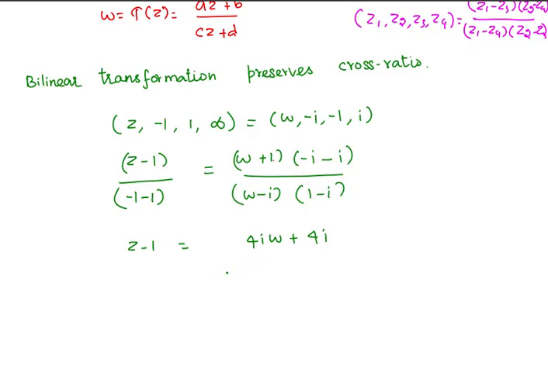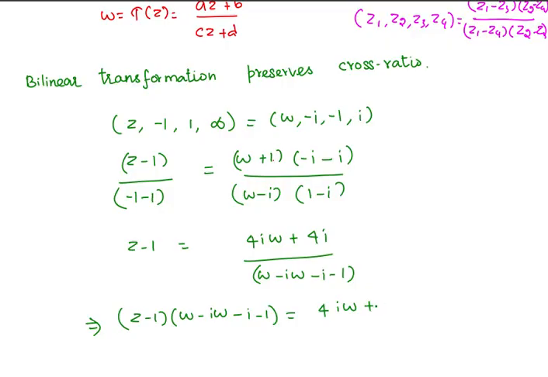The denominator is multiplied by w minus iw minus i minus 1, if you multiply we get it. So this implies (z - 1)(w - iw - i - 1) = 4iw + 4i.